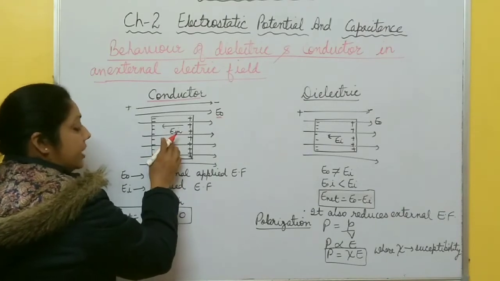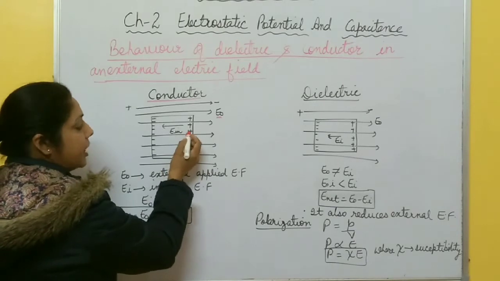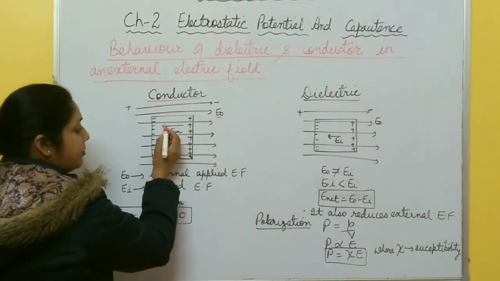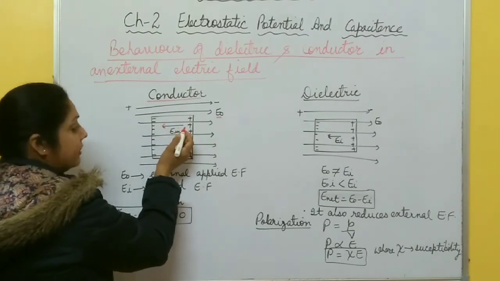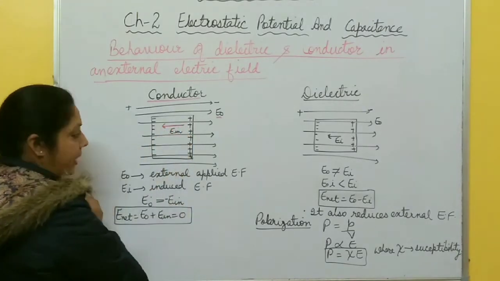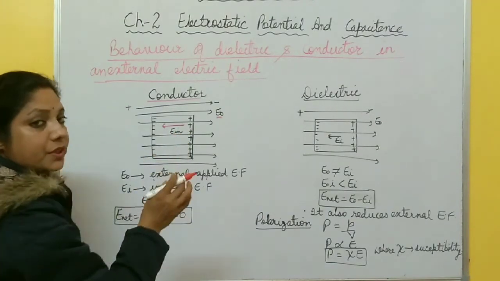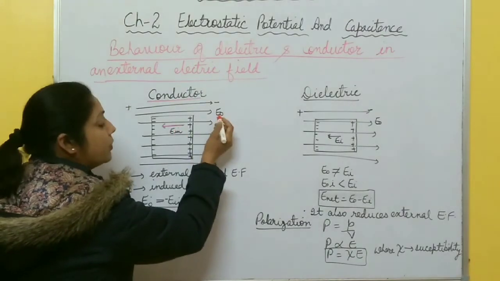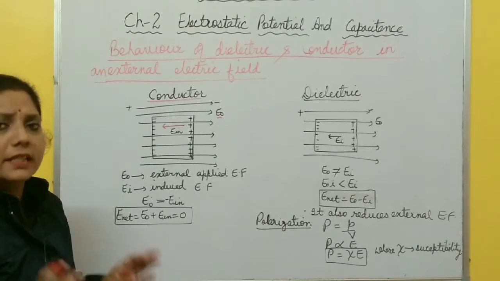The negative charge inside the conductor moves towards the positive end, and positive charge moves towards the negative end. In this way, there is an induced electric field inside the conductor, and the direction of the induced electric field is this one, right? So these charges move until the induced electric field is equal to the external electric field, because inside the conductor charges can easily move.